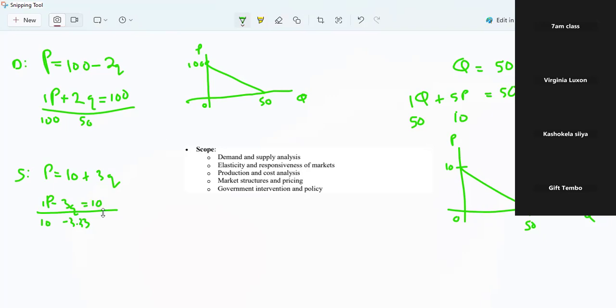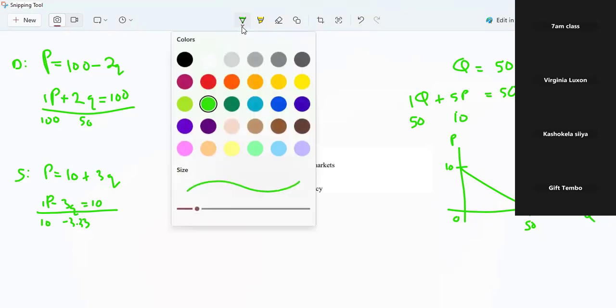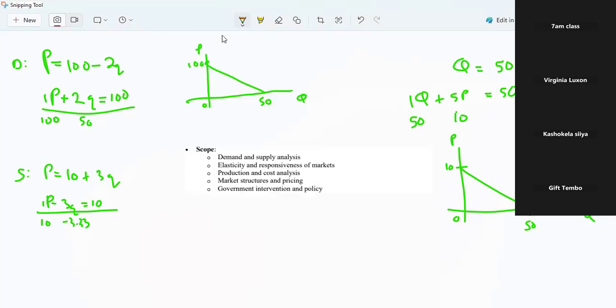So when drawing, the intercept on the P side is going to sit on 10. Good. So 10 here. Then on the Q, it is going to sit on minus 3.33, which is this side, right? Yes.